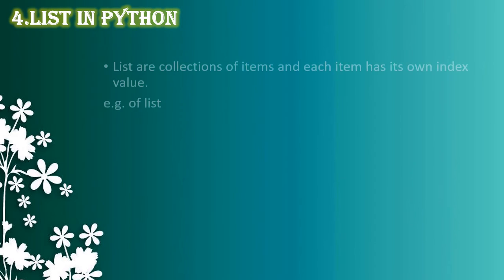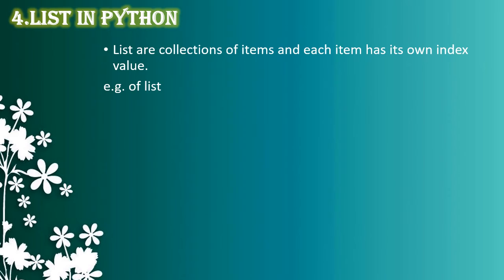Next, a list is a collection of items and every item has its own index value. It is enclosed by square brackets. See here, the list is 6, 9, so two values: 0th position has value 6 and first position has value 9. Now we are changing the values. List of 0 equals 55.